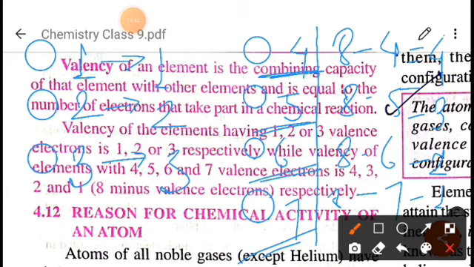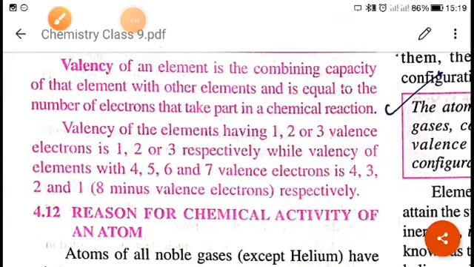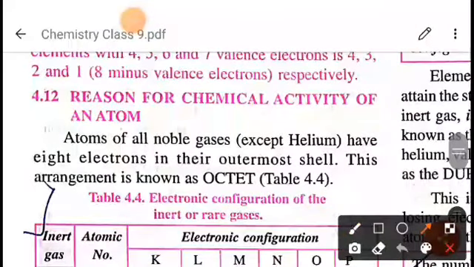Now next is, as I have already told you, the reason for the chemical activity of the atom. What is the reason why these elements combine? What is the reason for the chemical activity of the atom? Okay, so we will see the reason. Always remember that atoms of all noble gases, except helium, have 8 electrons in their outermost shell, as you can see here.